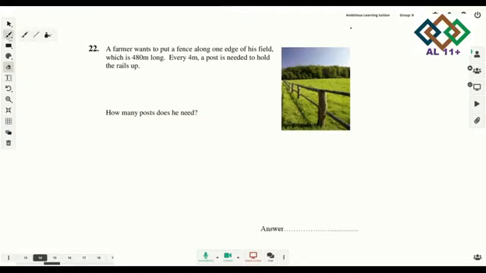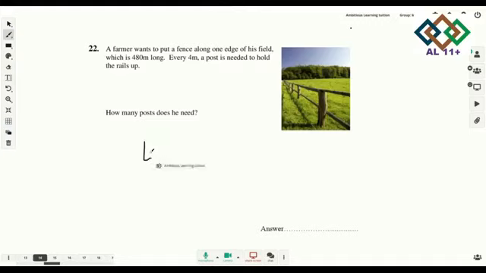So number 2 is, a farmer wants to put a fence along an edge of his field which is 480 m long. Every 4 meter a post is needed to hold the rail up. How many posts does he need? So you need to find out how many posts he needs for this one. That's easy.